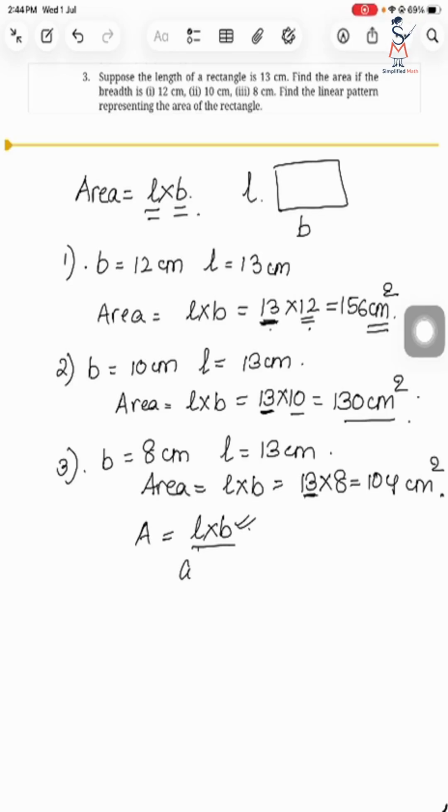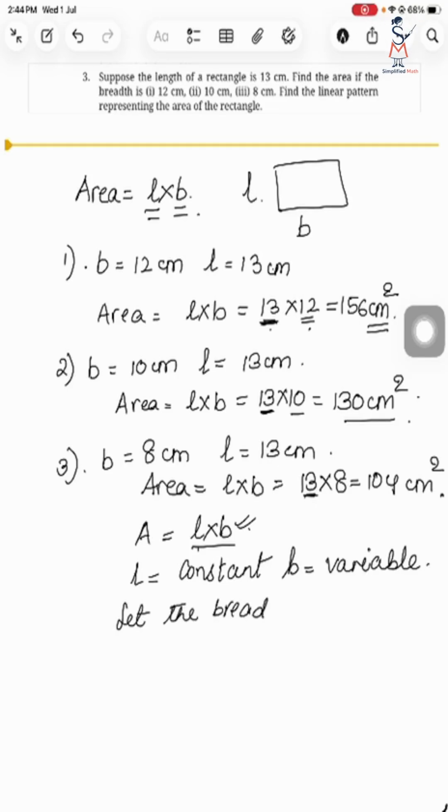Length is constant and the breadth is a variable, right? So we will assume, let the breadth be B. It can be X, Y, whatever you want.